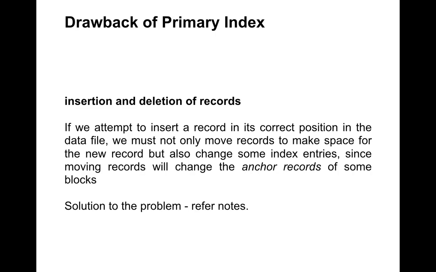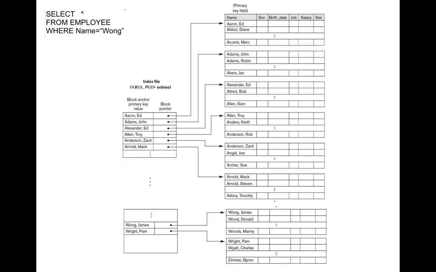Then one drawback we can discuss for this primary index is what happens when we insert or delete a particular record. Now imagine you need to insert a record, and if things are stored in an alphabetic manner, if you need to insert a record in this place, this particular record needs to be pushed one place down, right? So if you are inserting a particular record over here and this is pushed one place down, this Archer would become the anchor record of this block instead of Arnold.